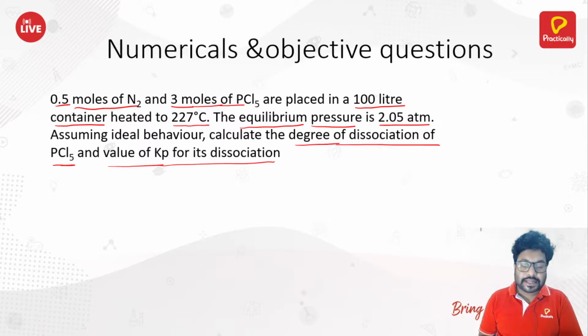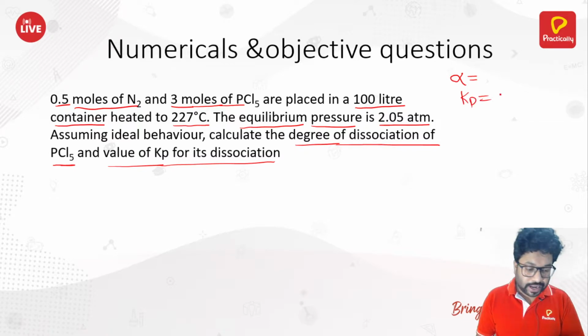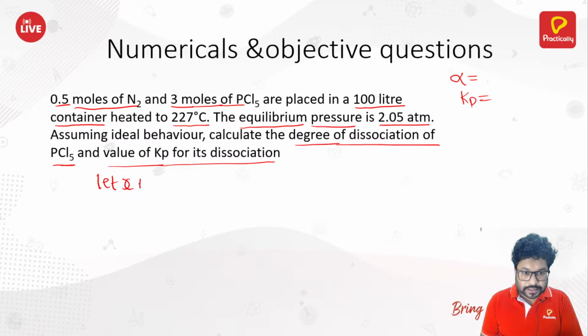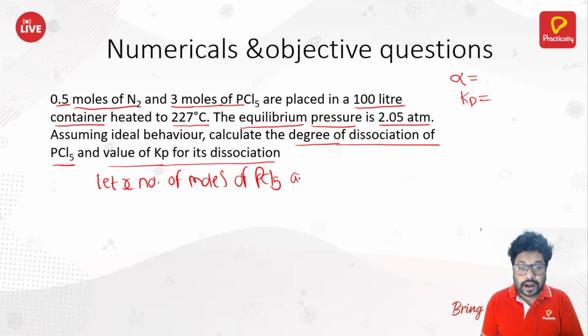Now, to understand this, we need to find out so many factors here. Firstly, we need to find the degree of dissociation, alpha, for PCl5 and also the Kp for its dissociation. Let's suppose x moles of PCl5 are dissociated at equilibrium.